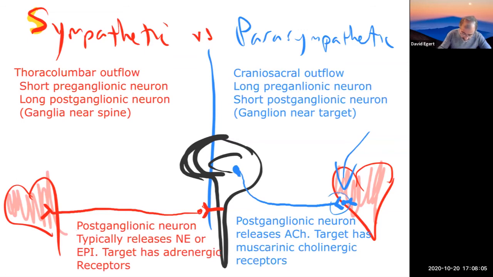There were the alpha adrenergic and beta adrenergic and alpha 1 and beta 1 and beta 2 and this and that. For this class, you do not need to know the details about the different kinds of adrenergic receptors and what they do. But again, we talk about beta blockers. Beta blockers are blocking beta adrenergic receptors on your heart.